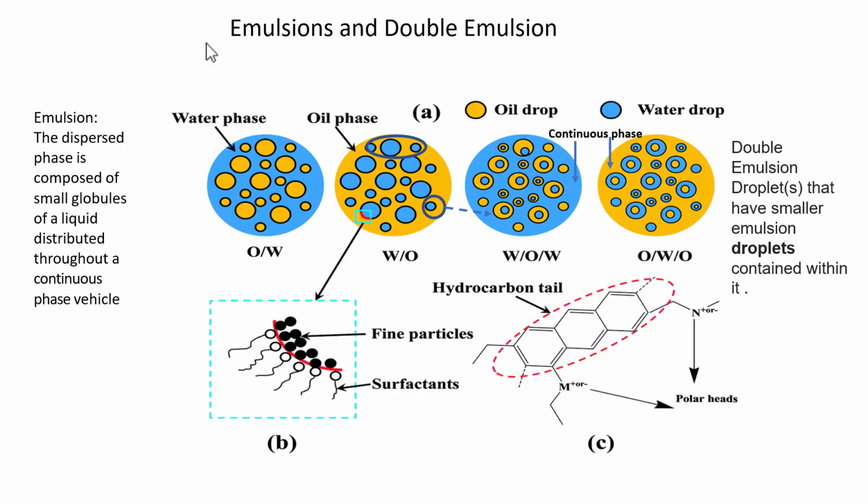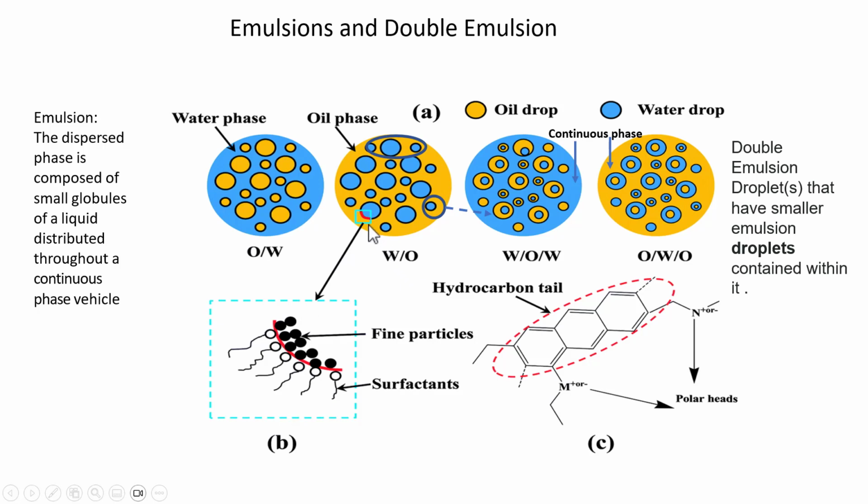What the structures look like from a physicochemical characterization perspective. Emulsion, the dispersed phase is composed of small globules. Shown here, water phase is a continuous phase and oil is dispersed and stabilized by the use of surfactants or emulsifiers.